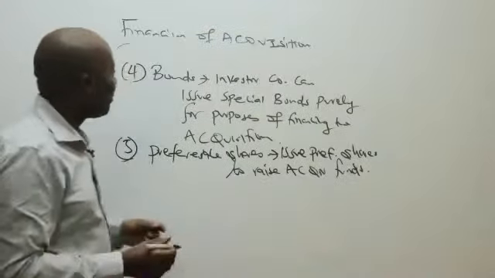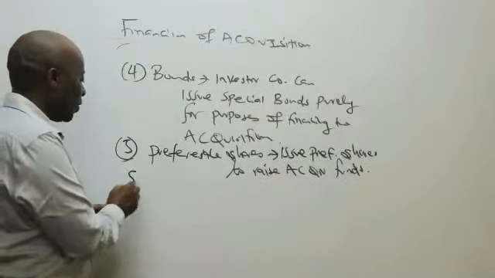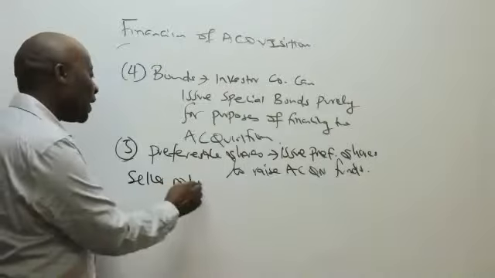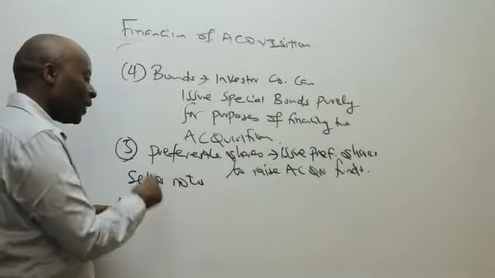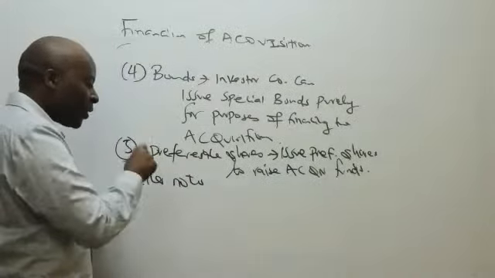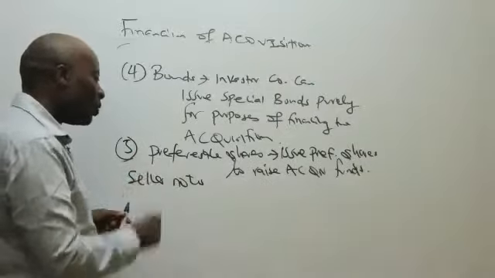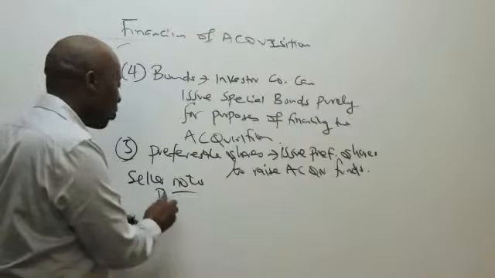And then, of course, somebody tells me to go back to the seller notes. Seller notes, who are selling the shares? The people who are selling the shares in this case are shareholders of the targeted company. You know, these are promissory notes.